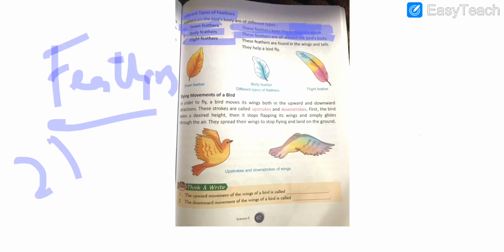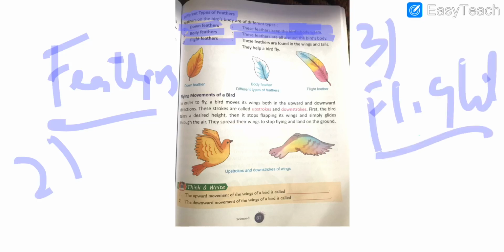Number third, flight feathers. These feathers are found in the wings and tails, and they help a bird to fly. We already have read about the parts of a bird, and there we have read about wings and tails, and over these wings and tails flight feathers are present that help a bird to fly.